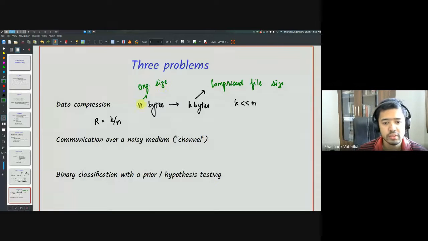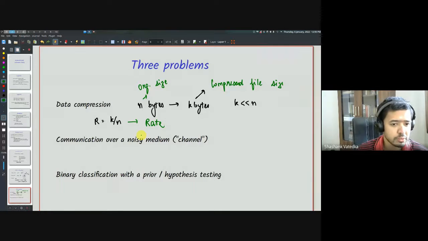So if I look at this ratio of the compressed file size to the original file size, this is a quantity that I will call the rate of the compression. So if I call this the rate, then how small can the rate be for, let's say, text files? Okay, we'll see that there's a limit to this. You can't make it arbitrarily small, and that's governed by a fundamental quantity called the entropy.